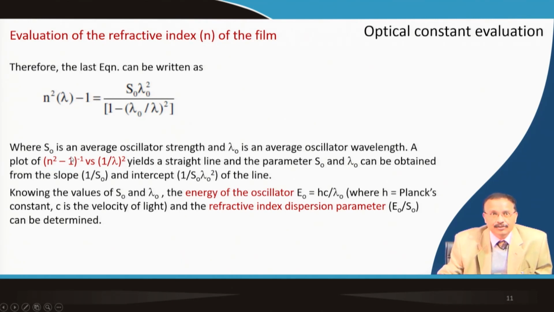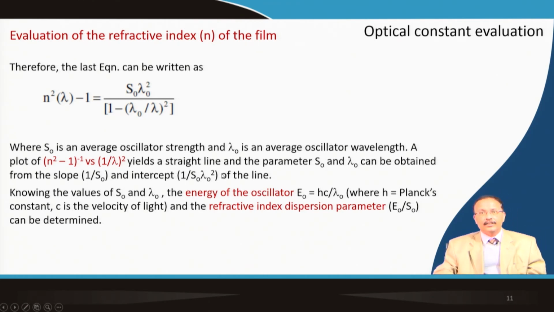Here S 0 is the average oscillator strength and lambda 0 is the average oscillator wavelength. So, if you plot 1 by n square minus 1 versus 1 by lambda square, that should give a straight line, and from this straight line you can obtain the S 0 and lambda 0 of that oscillator. The slope is 1 by S 0 and the intercept is 1 by S 0 into lambda 0 square.